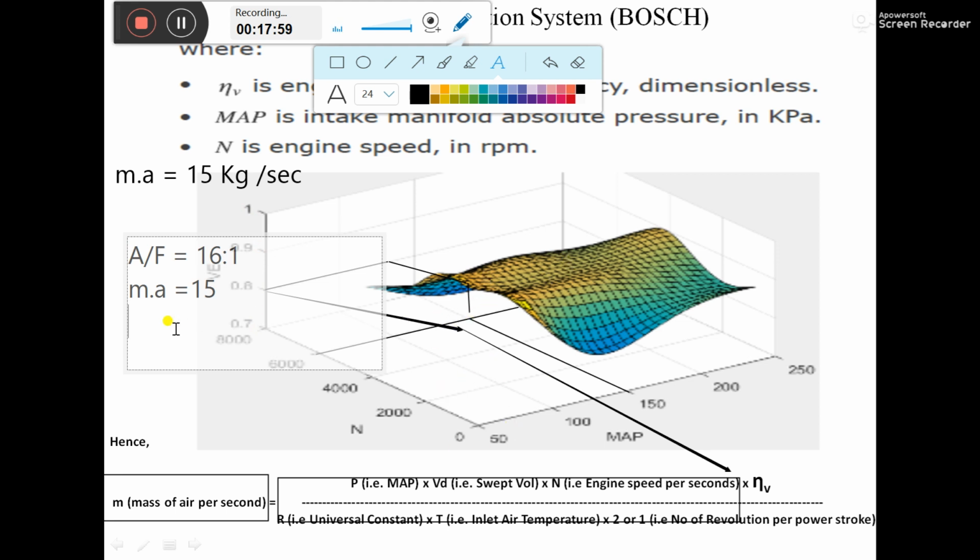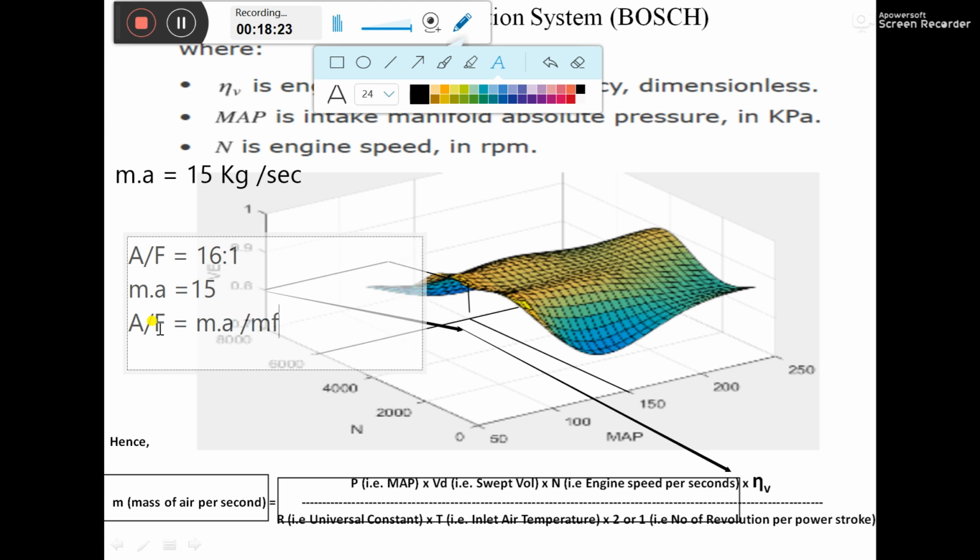So if you have mass of air 15 and you have to supply a charge with air fuel ratio 16 to 1, the mass of fuel to be injected is calculated by the formula: air fuel ratio is equal to mass of actual inducted air divided by mass of fuel.